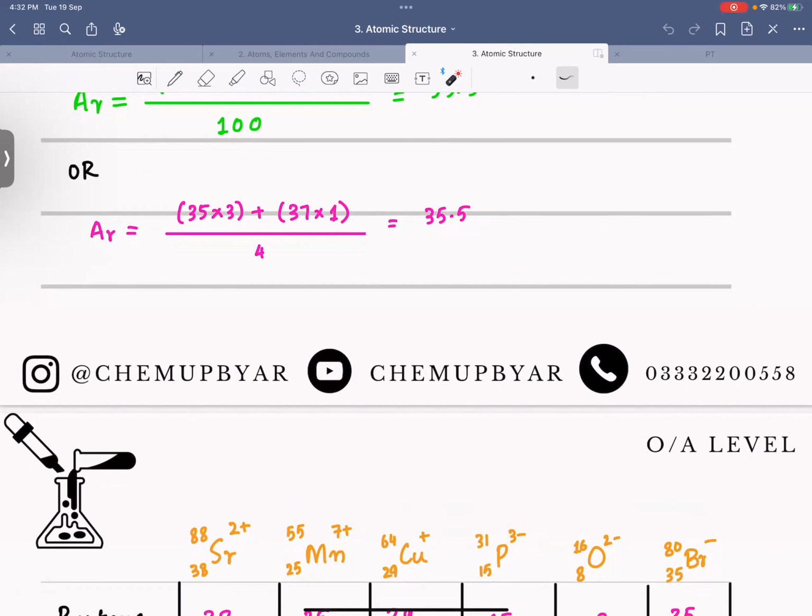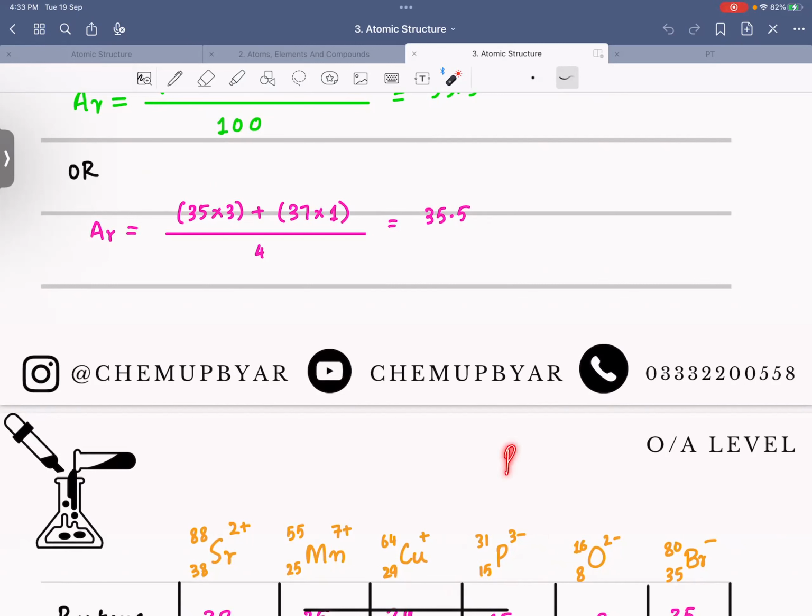It gained electrons. So if it has a 3 negative charge, it means that phosphorus has 3 more electrons than protons. And how many protons does phosphorus have? 15, right? So if there are 15 protons, then how many electrons would it have? 18, because it's a 3 negative charge.